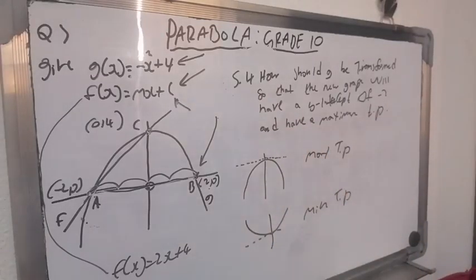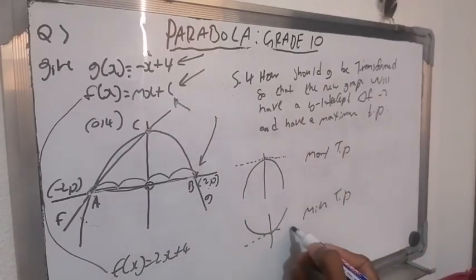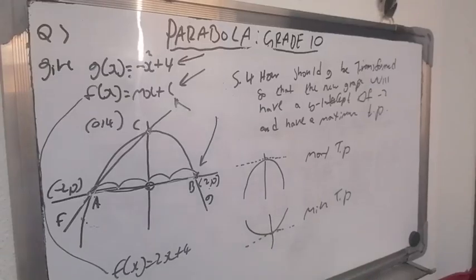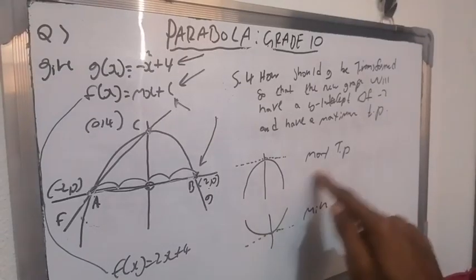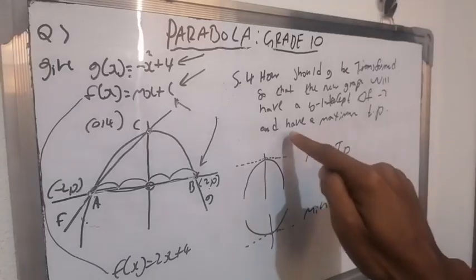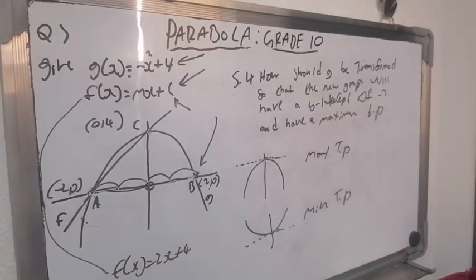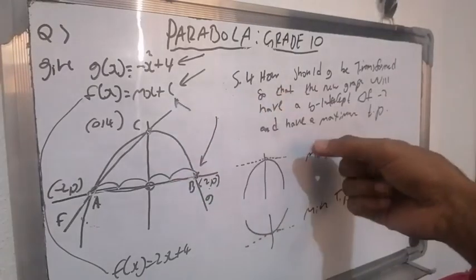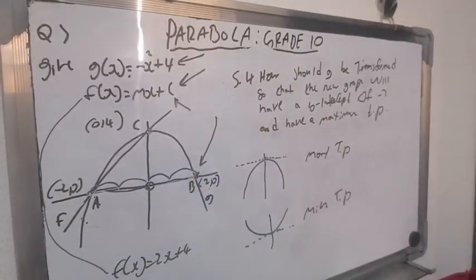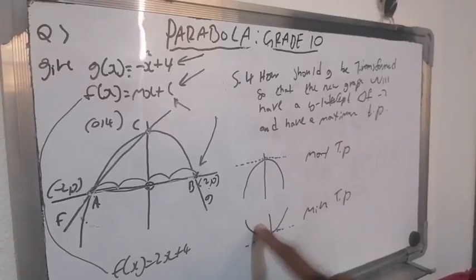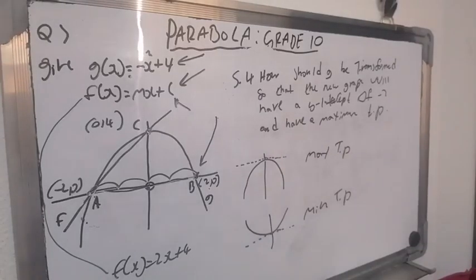So it's a minimum, meaning the line will be below the turning point. So they said it will still have a maximum turning point, meaning we didn't flip the graph. We transformed it. So they said, how should g be transformed?